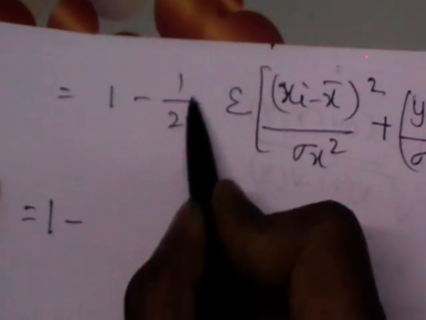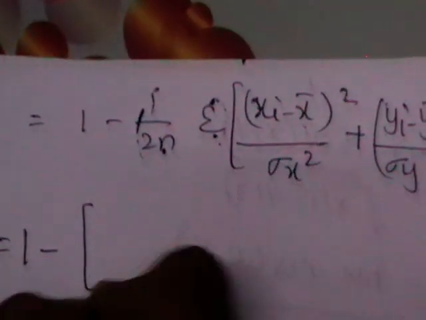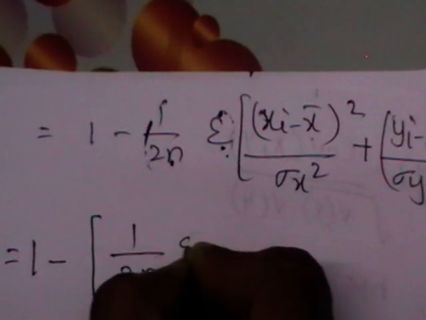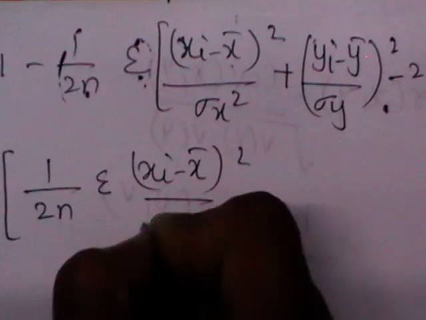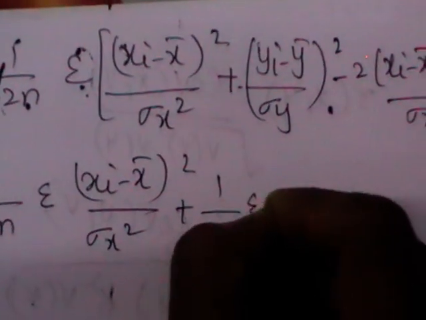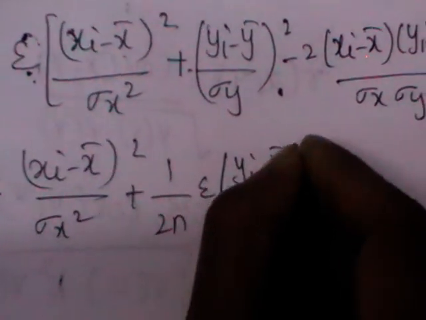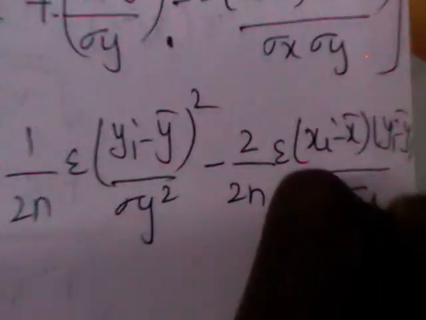Taking 1 by 2n sigma to each and every term, you will get 1 by 2n sigma xi minus x bar whole square by sigma x square, and for the second term also 1 by 2n sigma yi minus y bar by sigma y square, minus 2 by 2n into sigma xi minus x bar into yi minus y bar by sigma x sigma y.